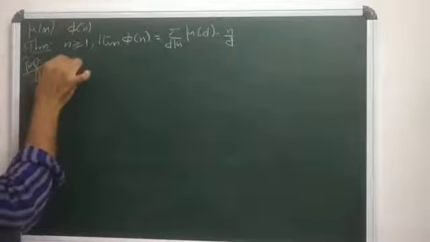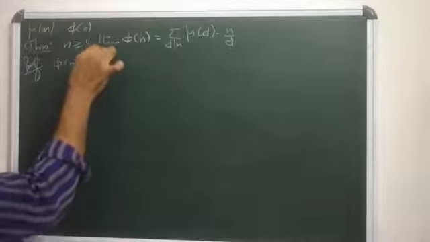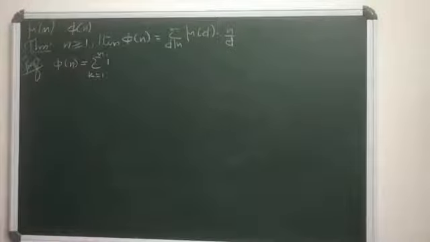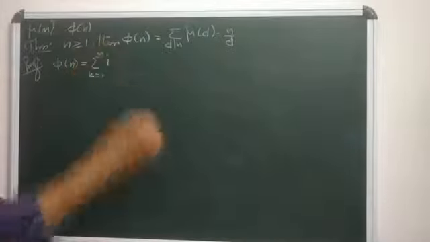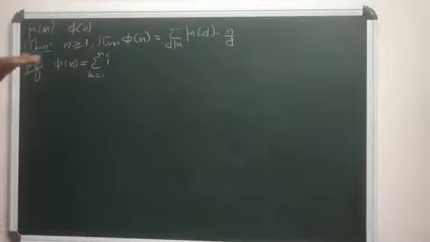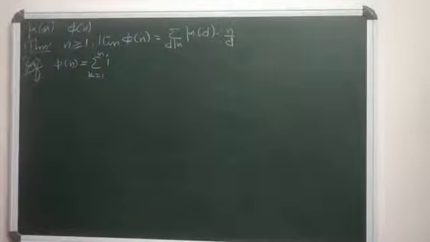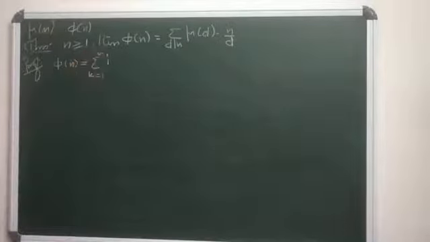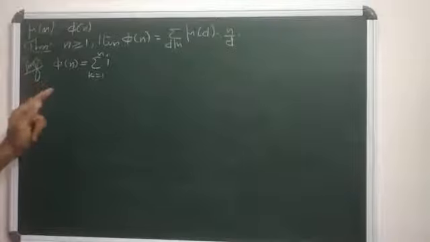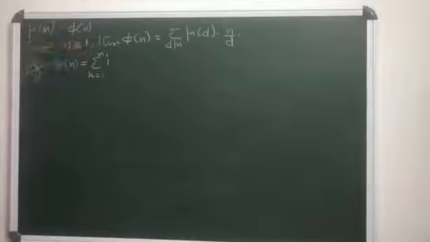We know that phi of n equals sigma over k from 1 to n of 1, where the comma indicates that the sum is extended over those k which are relatively prime to n.